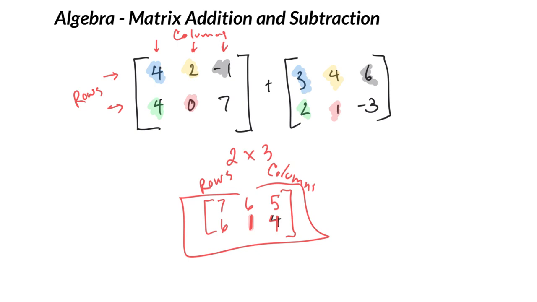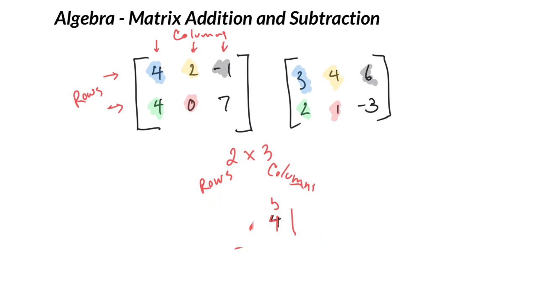So if we were to instead do subtraction, once again, we need them to be the same dimensions. And once again, we just do the corresponding spots. So I'm going to leave my highlighting there. We've got 4 minus 3 is 1.